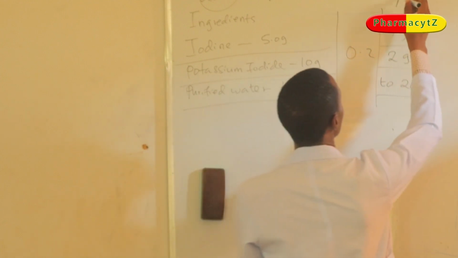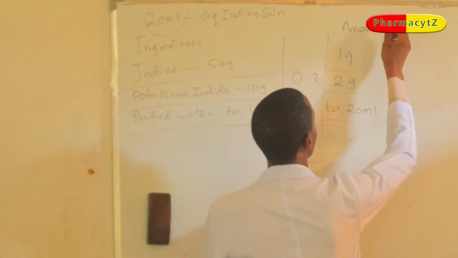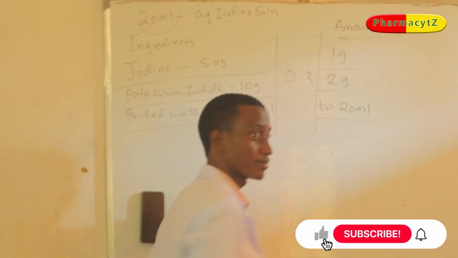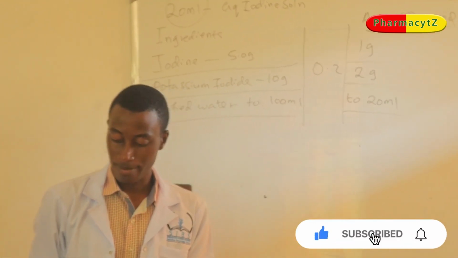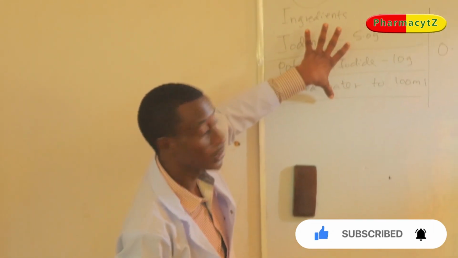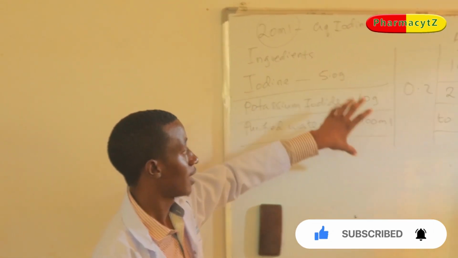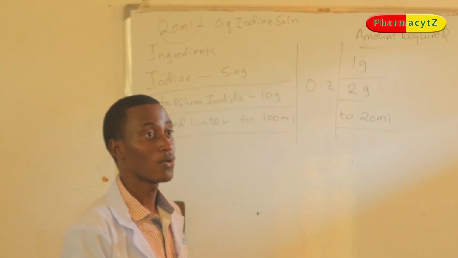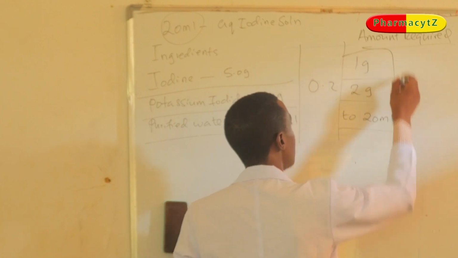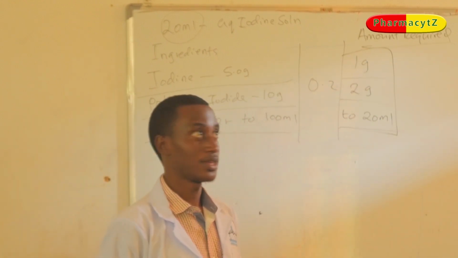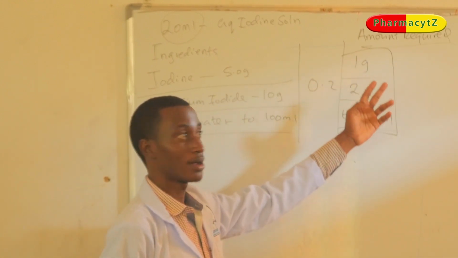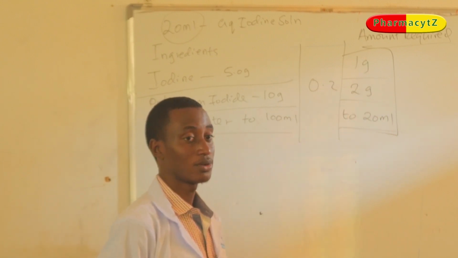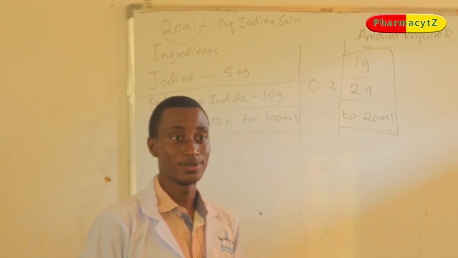So this is the amount of each ingredient required. To remind you, officially we have these ingredients. After multiplying by the factor, we have these amounts required. So we are going to use iodine 1 gram, potassium iodide 2 grams, and purified water, which will add up to 20 mls.